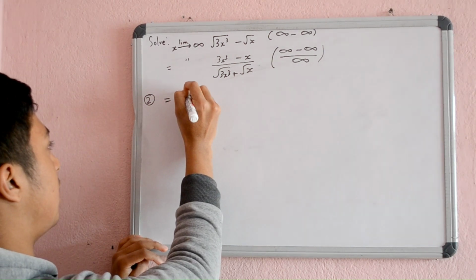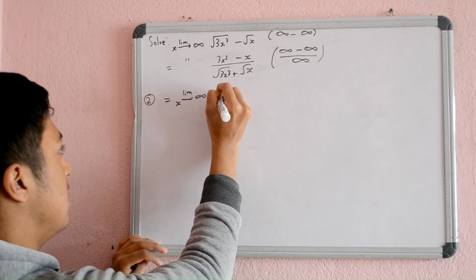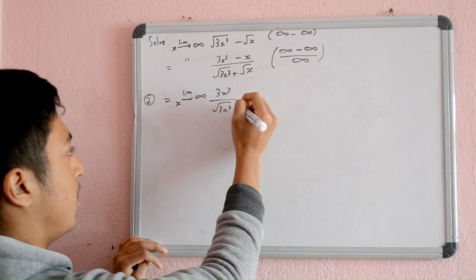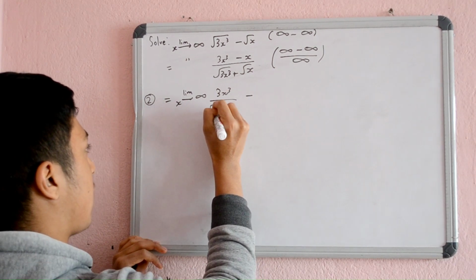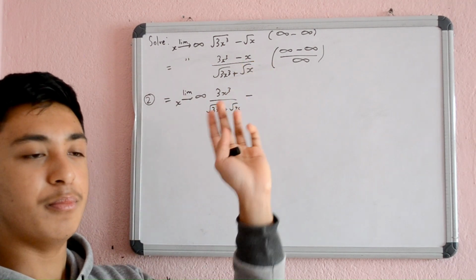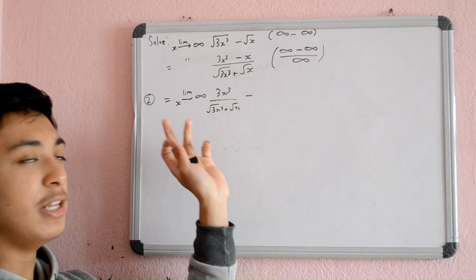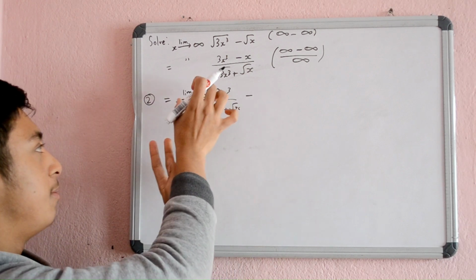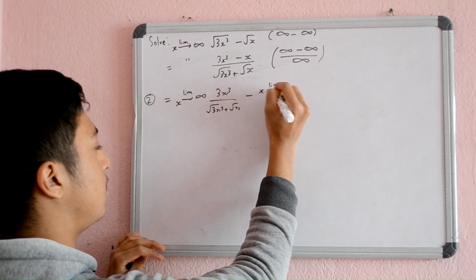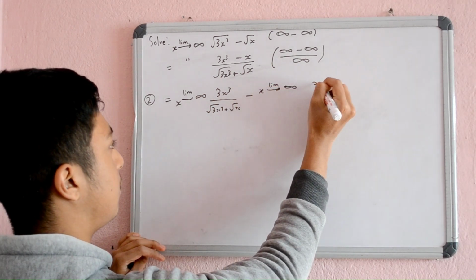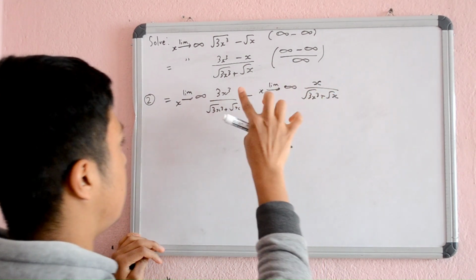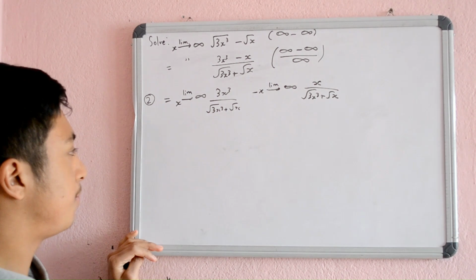This becomes, I'll now write the limit 3x cubed by root 3x cubed plus root x, minus x by the denominator again. But according to the limit property, this limit actually distributes over the minus. Now let's check each of these cases.